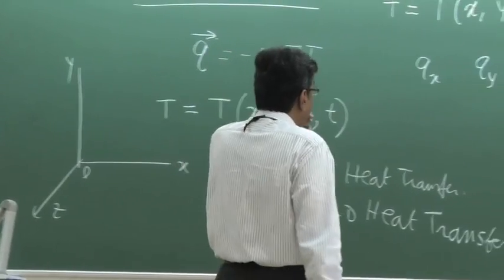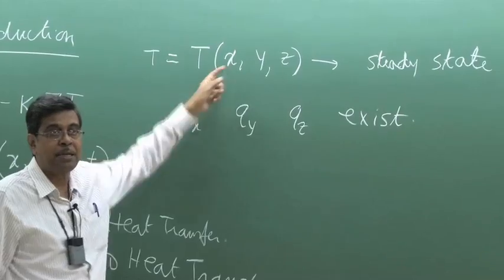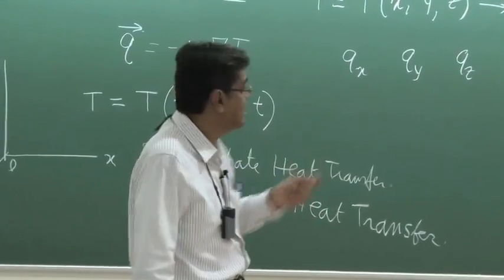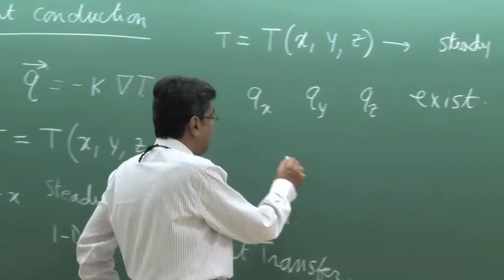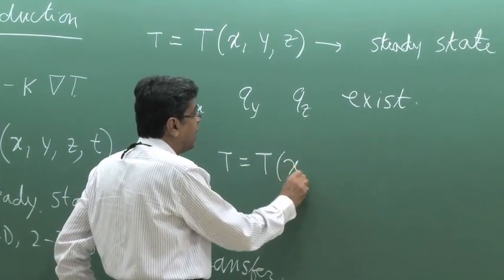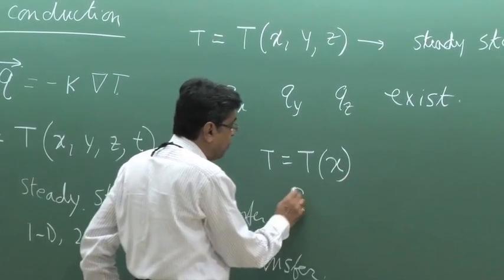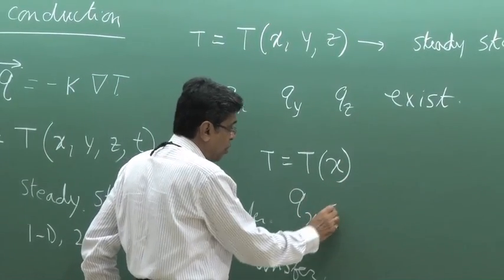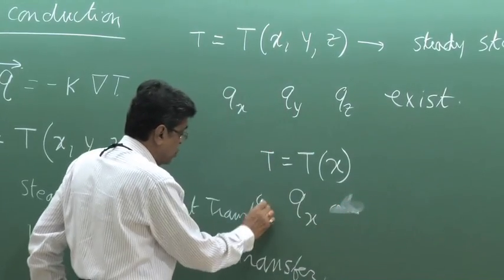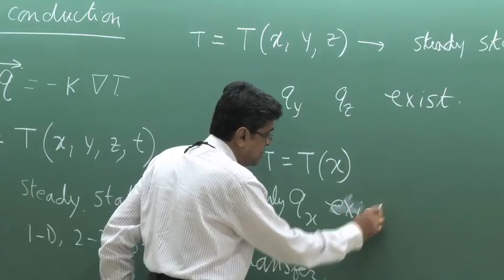And if the temperature is a function of only 1 space coordinate, that means temperature varies only in one direction. So heat flux exists in that direction only. That is a 1-dimensional heat transfer. That means only Qx exists.